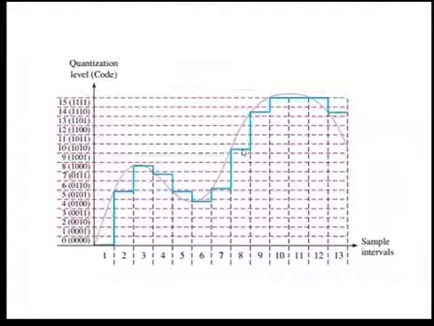Now let's see how more bits will improve accuracy. So this figure shows the same waveform with 16 quantization levels, that is 4 bits. So here you can see along the vertical axis, now we have 16 numbers, 0 to 15, to represent the amplitudes of the same waveform.